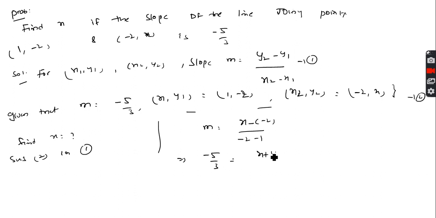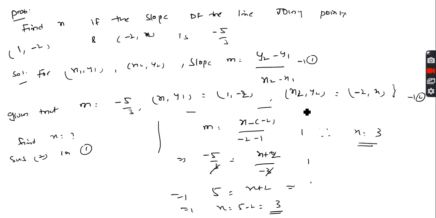That is nothing but x plus 2 by minus 3. 3 is cancelled and we get 5 equal to x plus 2. From that, x equals 5 minus 2, that is nothing but 3. So therefore, what is the x value? The x value is equal to 3.